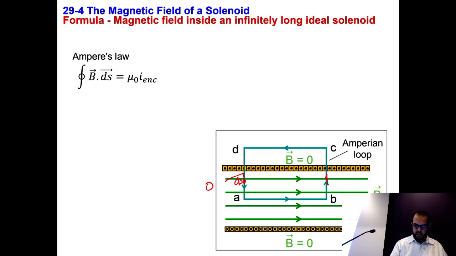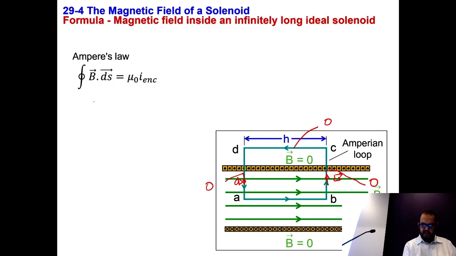Here it's also perpendicular, so the element from here is also going to be 0. And also, we know the magnetic field outside the solenoid is 0, so B dotted with ds outside the solenoid is 0. So this element also gives you 0. So the only element that is considered here is this element AB, which has a length, let's call it h.